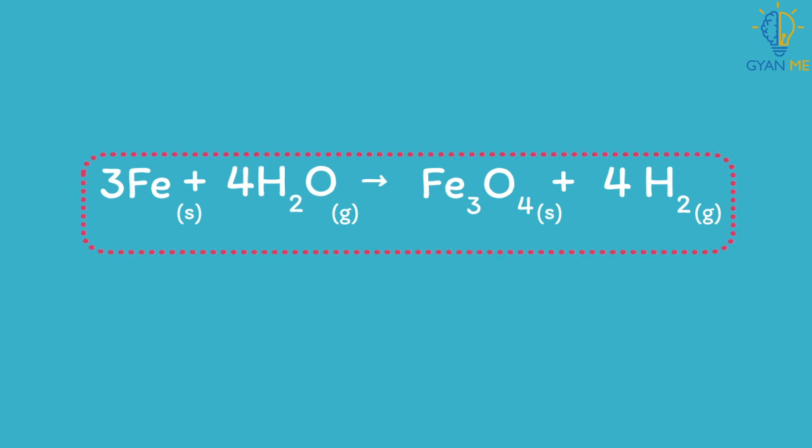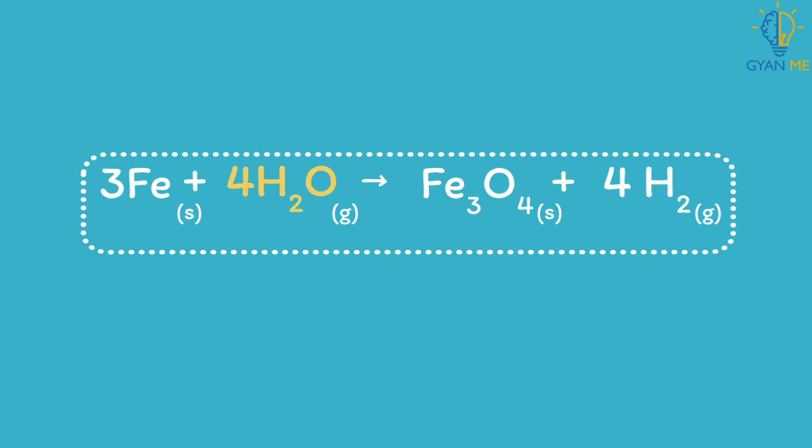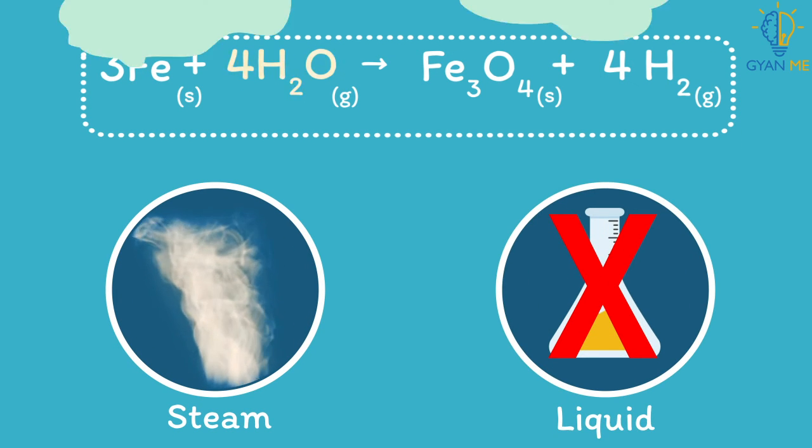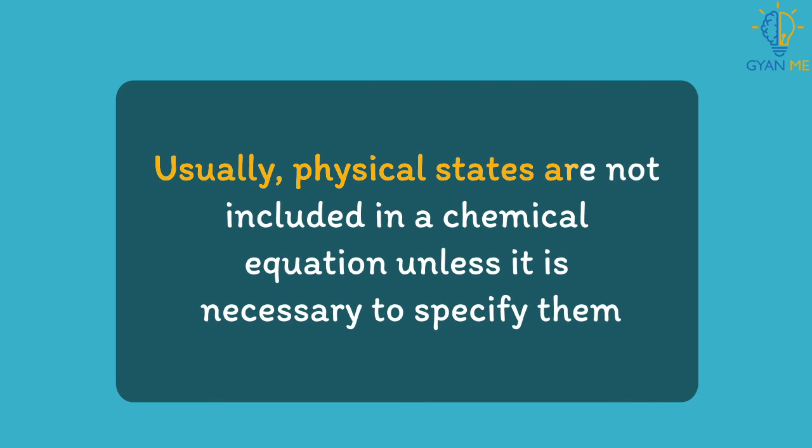Note that the symbol g with H2O on the left hand side indicates that in this reaction, water is in the form of steam, not as liquid. Usually, physical states are not included in a chemical equation unless it is necessary to specify them.